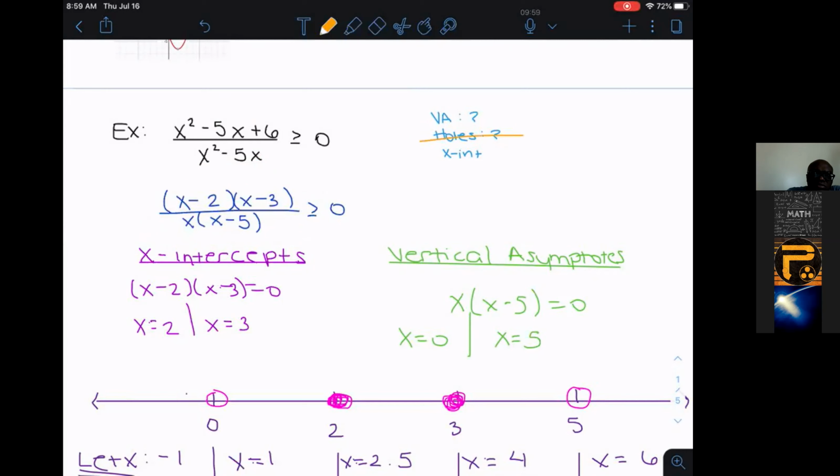Okay, now I actually started off by looking at the x-intercepts, so let's look for the x-intercepts. Remember that there's a shortcut, which I pointed out yesterday: the numerator set equal to 0 tells you what the x-intercepts are.